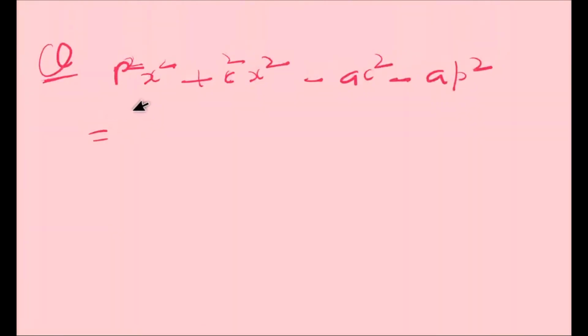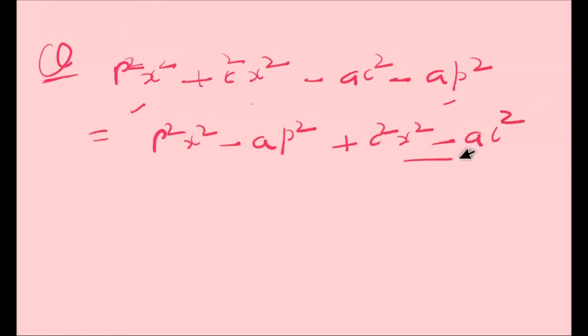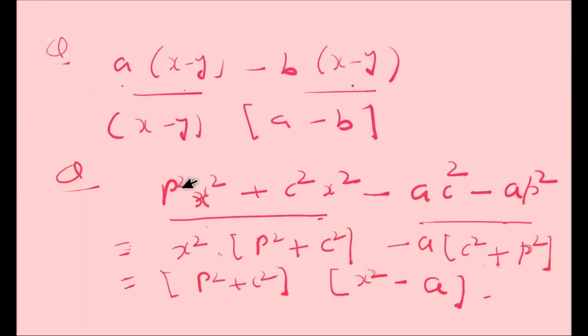Now we will pair this one with this one, p square x square minus ap square, and these two, this one plus c square x square minus ac square. Now we take this pair. In the previous board we took this pair, but now we have changed from this to this.